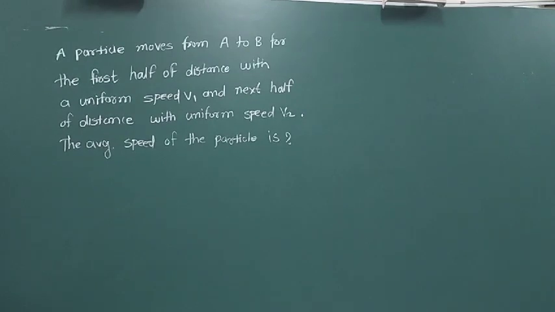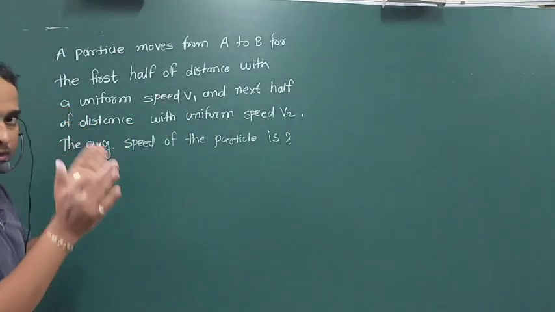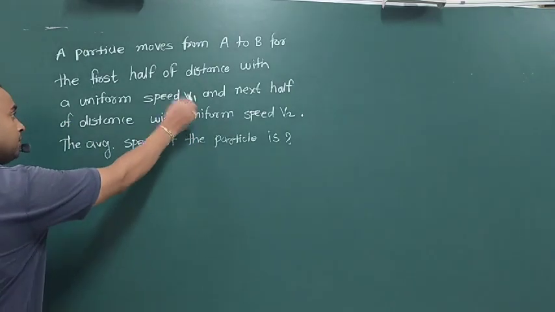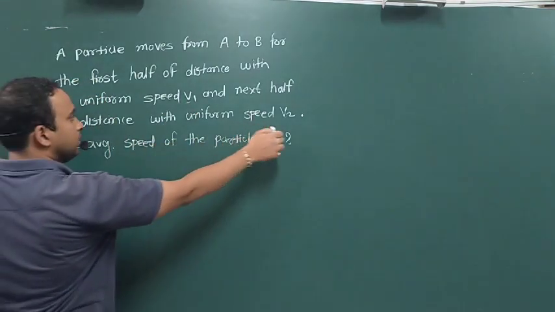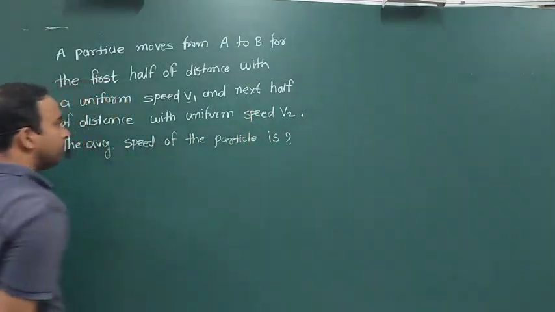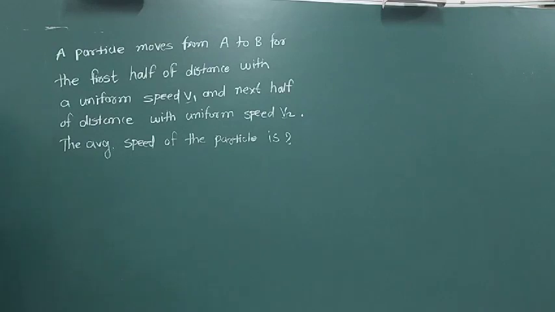Now the next numerical. A particle moves from A to B for the first half distance with a uniform speed v1, and for the next half distance with uniform speed v2. The average speed of the particle is?